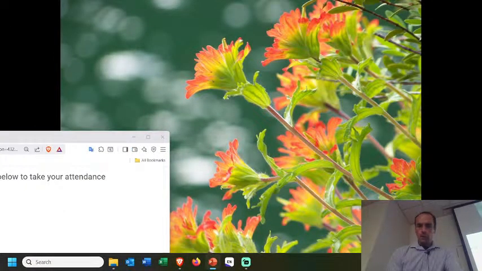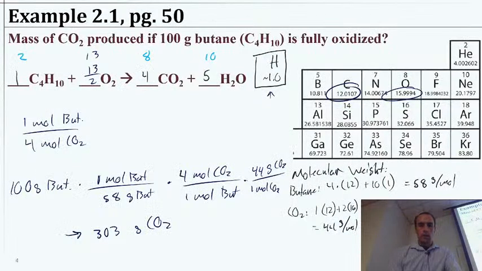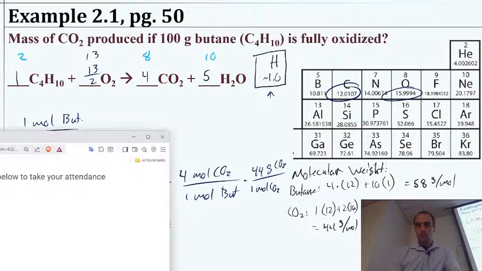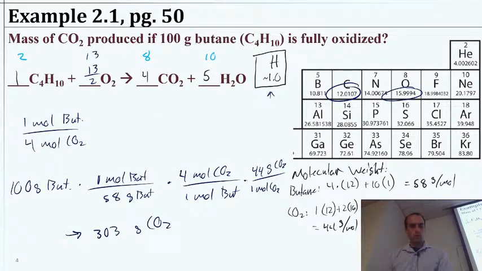So with that, we're going to pick up about where we left off. Last time we were talking about this problem. And we were doing an example of converting mass to moles to mass given some relationship.